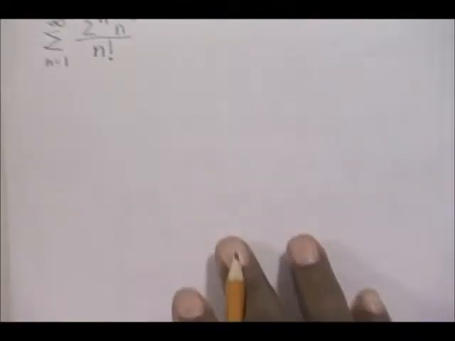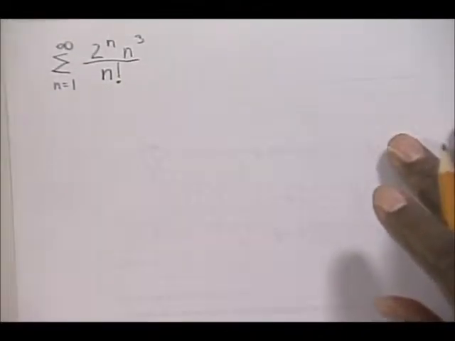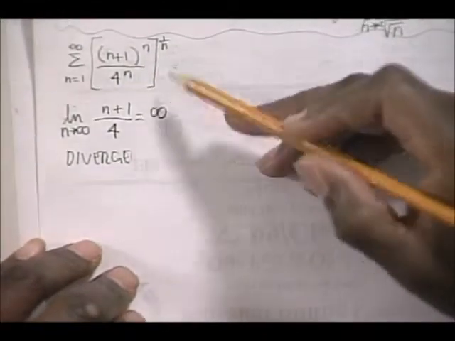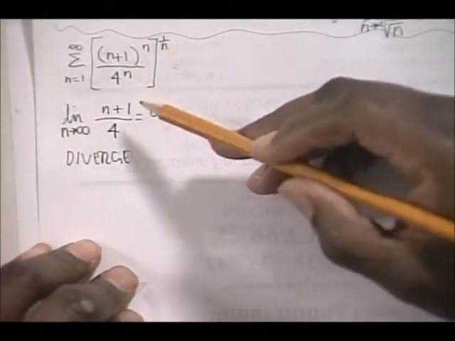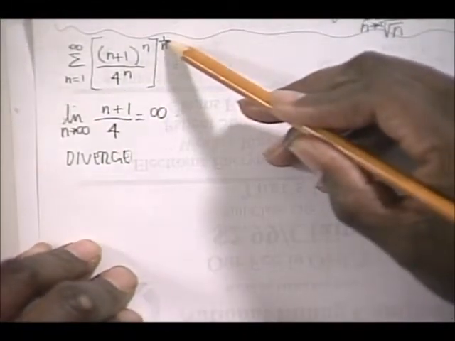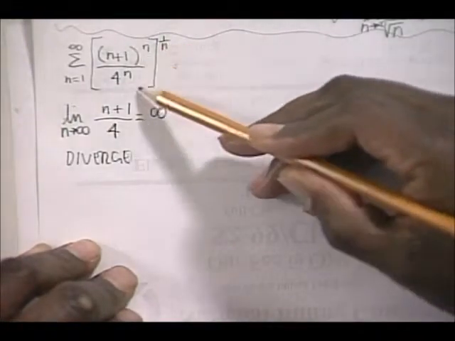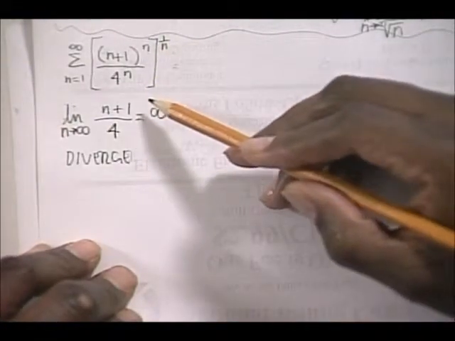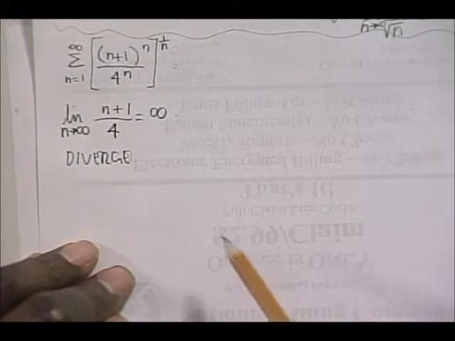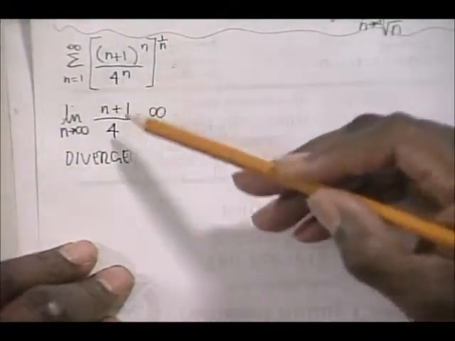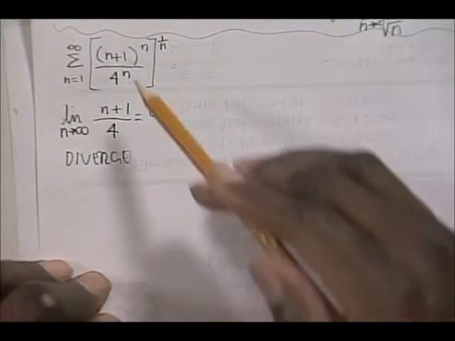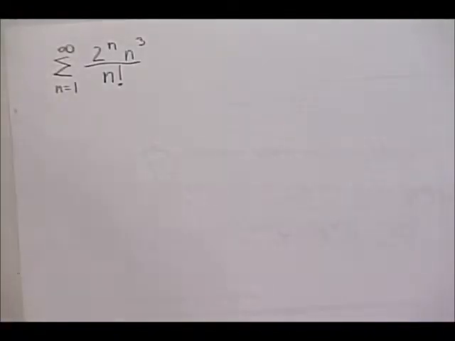Anytime you see that n factorial, again, that's almost a dead giveaway, similar to the previous problem where you see both numerator and denominator raised to the n. That's going to be the root test where you raise both top and bottom to the 1 over n power, and you simplify it, and you can take the limit very easily oftentimes. That's a dead giveaway. You're using the root test.